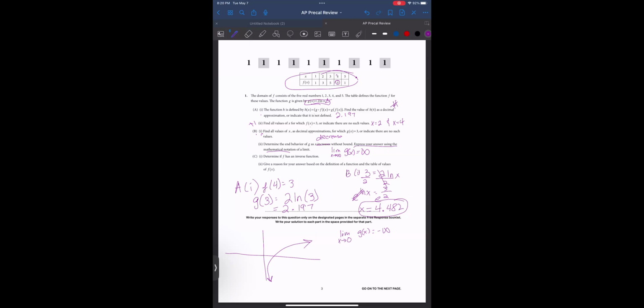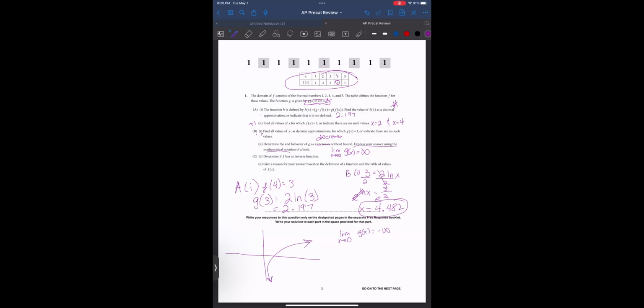Yes. All right. Part C. Determine if f has an inverse. Do you just put it in the graphing calculator? No. Would it be that it doesn't have an inverse function because it's not an exponential function?